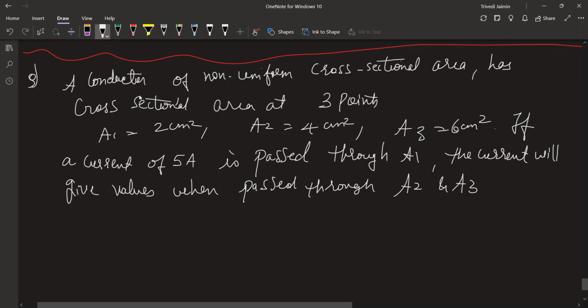So what is the question here? Find the current that will pass through the given value when it is passing at A2 and A3. We need to find current.